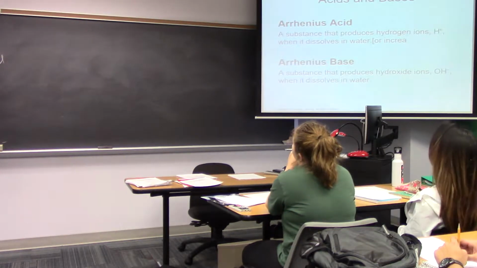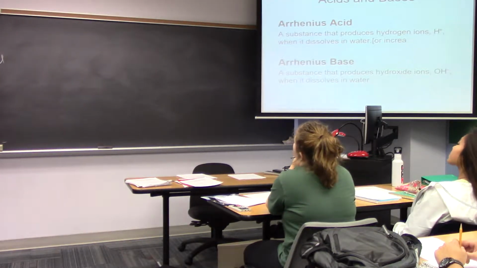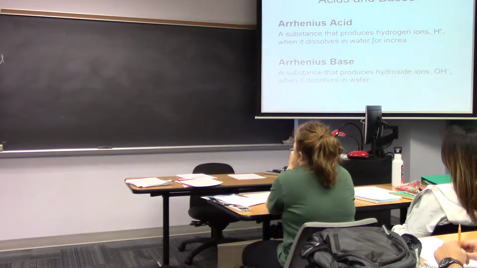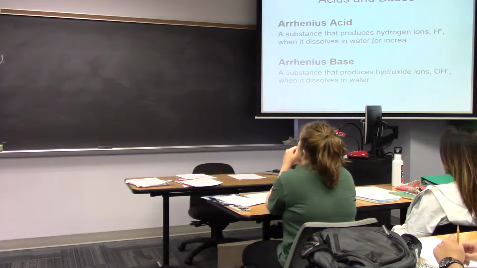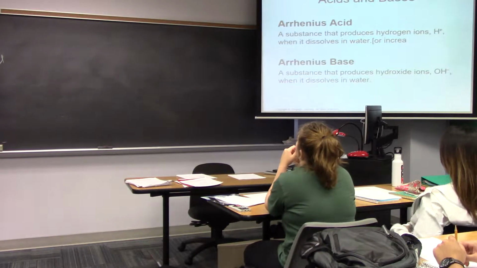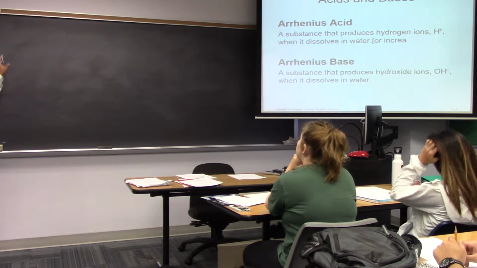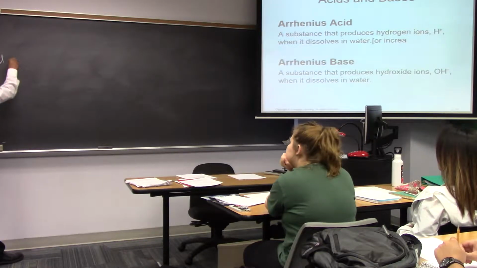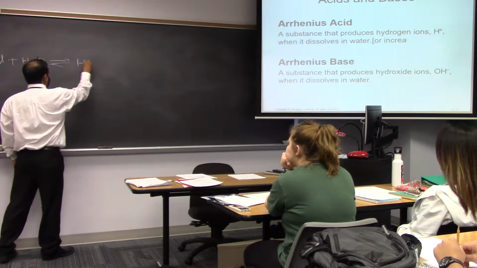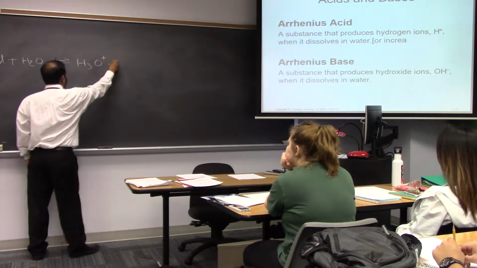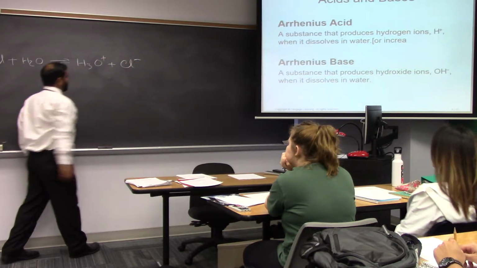This compound has H on the left side. This is also common in acids: the left side usually has H, which is donatable, which dissociates. If you dissolve it in water, that will be H3O plus and chloride ion.